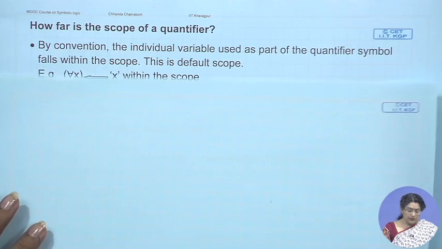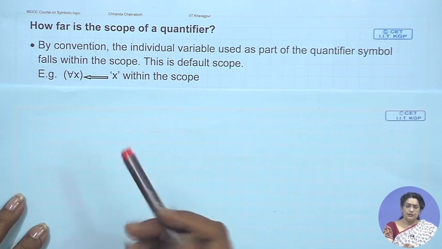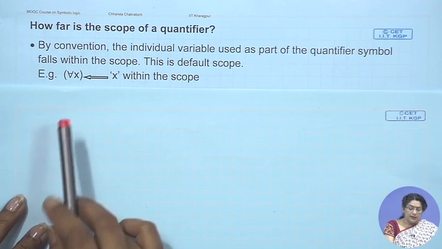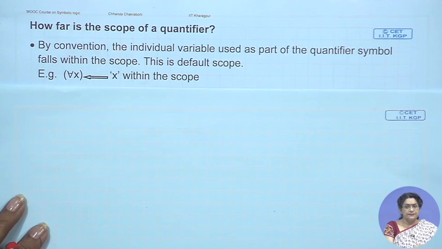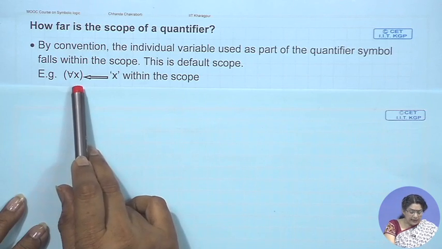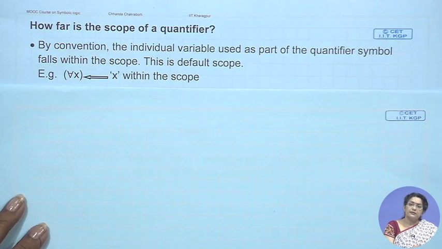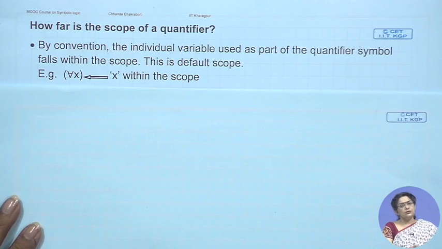That is the default. For example, if you are using for all x, this is how you use the quantifier, within the bracket. There is a variable present here, namely this x, and that x by default is within the scope of this quantifier. Get it? So, that automatically is within the scope of the quantifier.